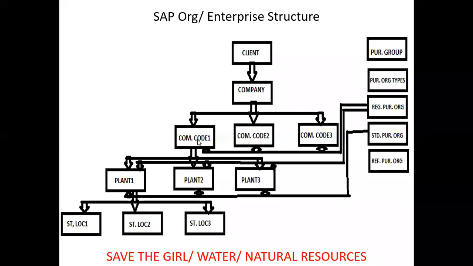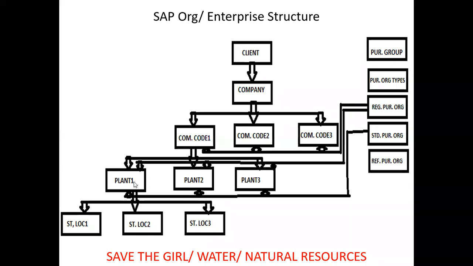Under a company code, for example Bajaj Electricals Limited, the main branch is in Mumbai. One branch is in Hyderabad, one in Bangalore, one in Chennai, and so on. The branch here we call a plant in SAP terminology.